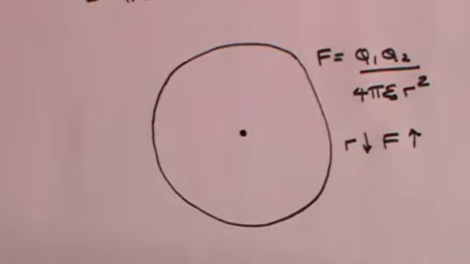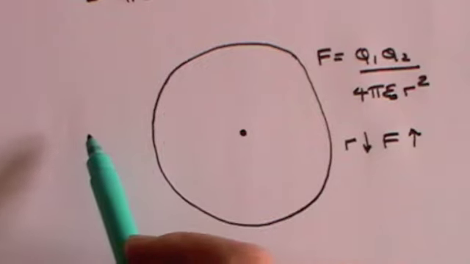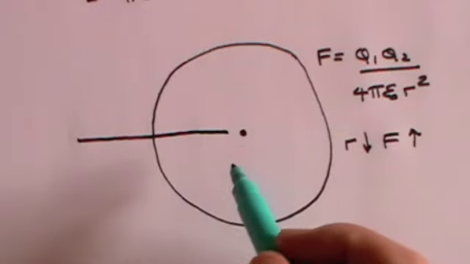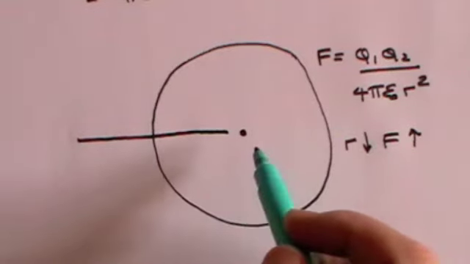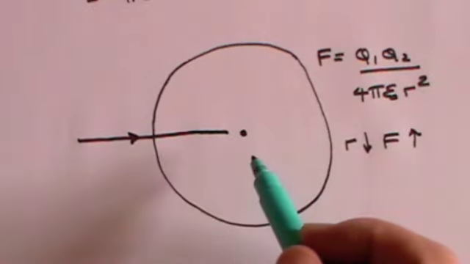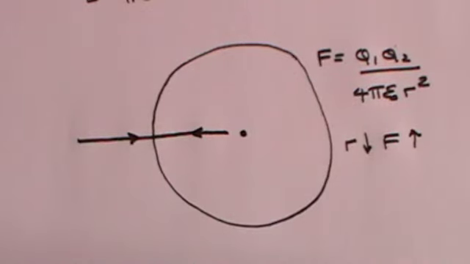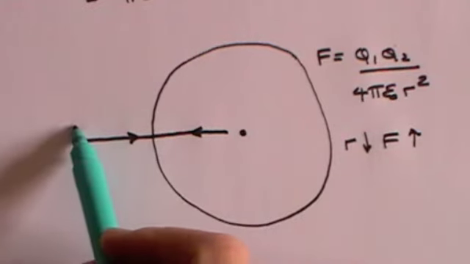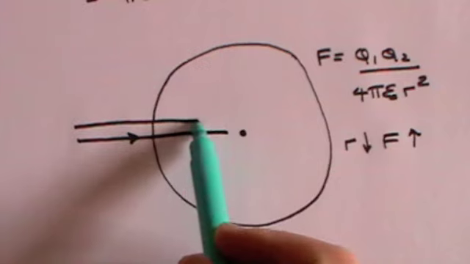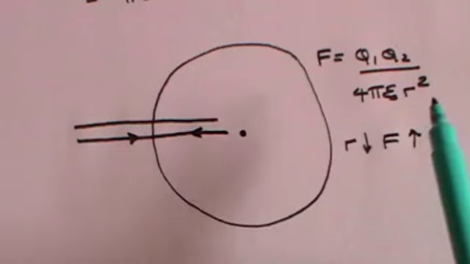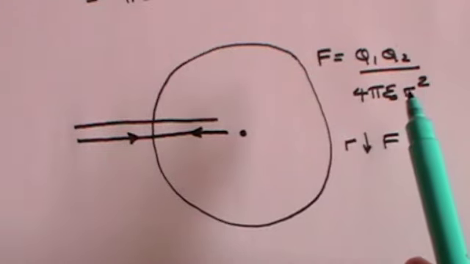So let's have a look and see what that means. First, we'll take the alpha particle we've already looked at. That's the one that's headed straight for the nucleus. And as we said, it gets to a certain shortest distance, it stops, and then it obviously goes back on itself and comes back to where it started. But now let's consider an alpha particle that comes in here. Well, it too will suffer a force of repulsion, but it's a bit further away, so consequently the force will be slightly smaller.